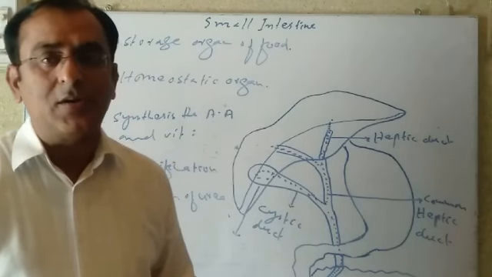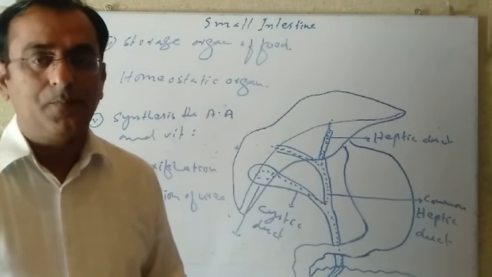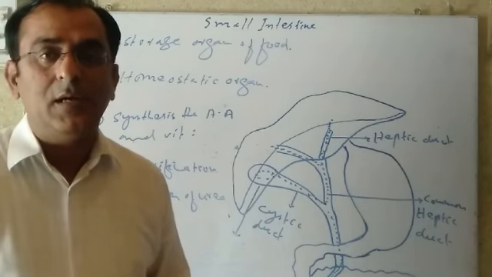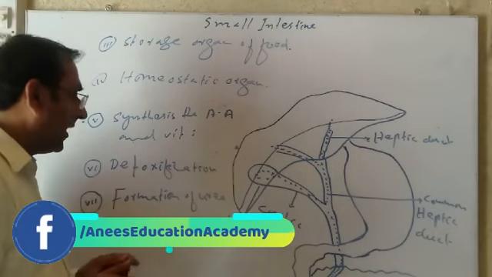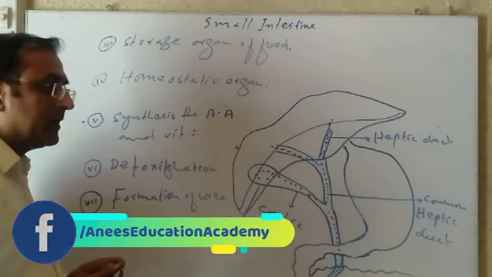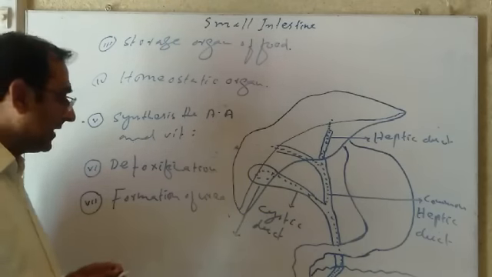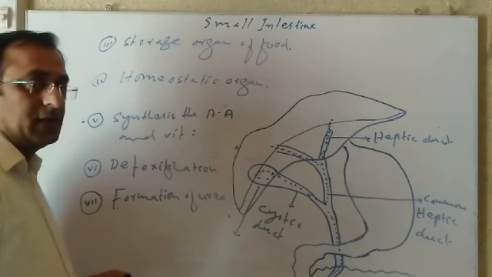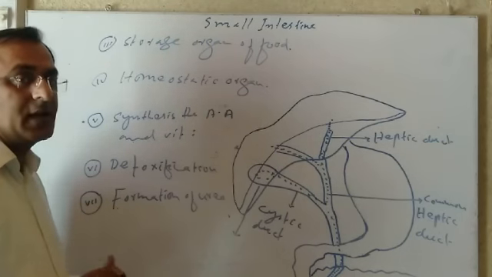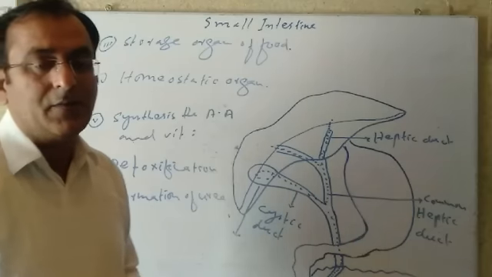This amino group is highly toxic, so it must be removed from the body. In this way, amino group is converted into urea by the urea cycle. That urea cycle takes place in the liver. These are the important functions of liver.